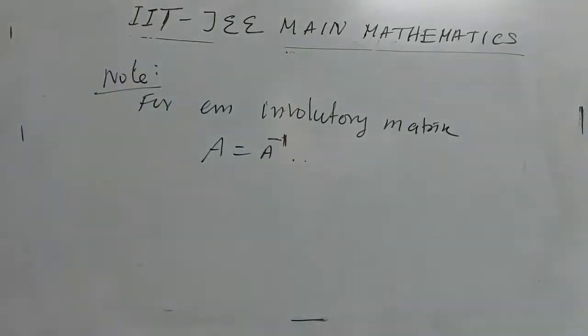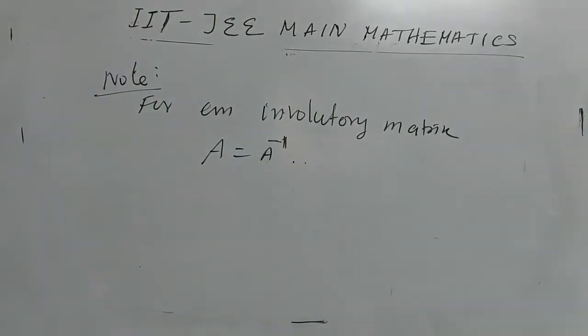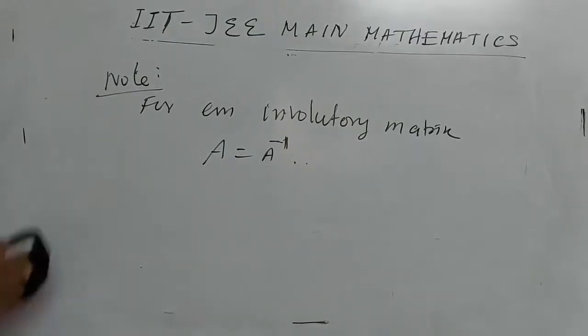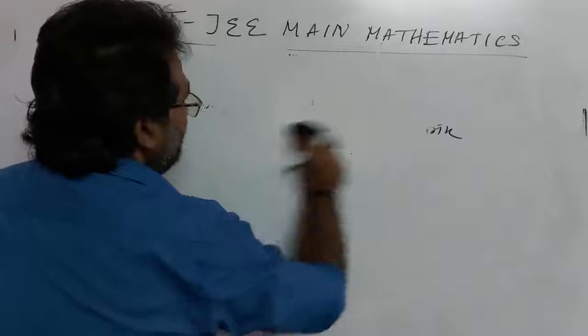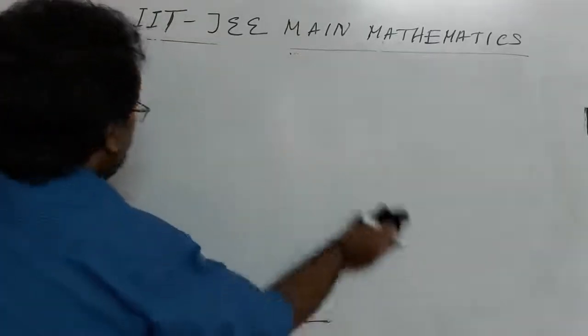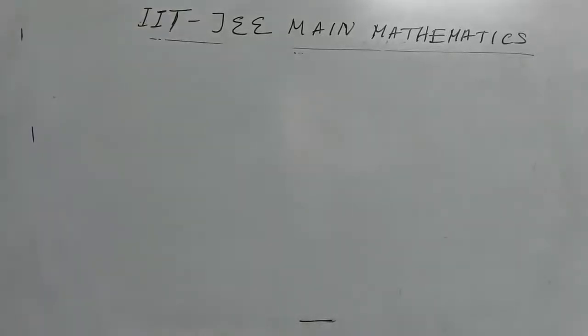For an involutory matrix, A should be equal to A inverse. So far we have discussed some results as well as definitions. Now we are going to see some problems.